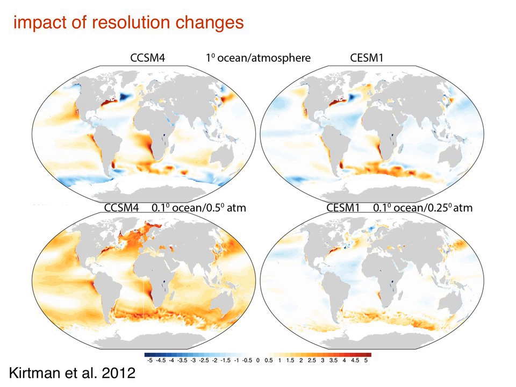We've looked at the impact of resolution changes. The plots on the left are from modeling efforts done by Ben Kirtman, and on the right by Justin Small. The top plots are done at 1 degree ocean and atmosphere resolution. Bottom plots are at a higher resolution, 0.1 degree in the ocean and half a degree or a quarter of a degree in the atmosphere. This warm bias in the mean is related to a sea ice melting event.